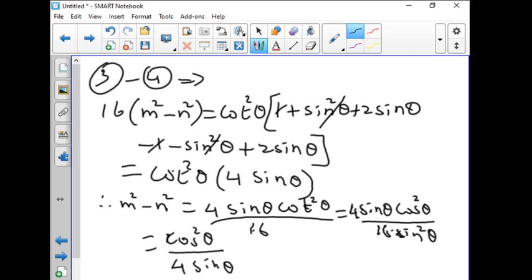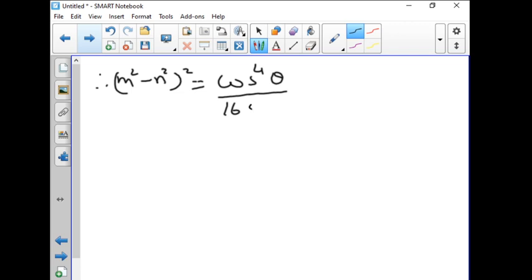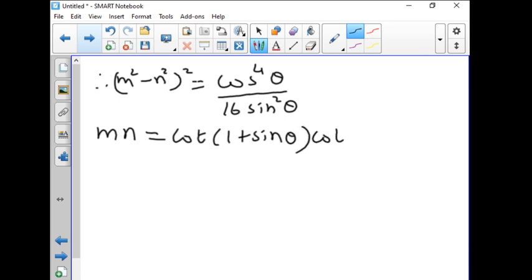Now we have to prove that m square minus n square the whole square. Therefore, m square minus n square the whole square is equal to cos power 4 theta by 16 sine square theta. Now we have to take the right hand side, mn. So mn is cot theta into (1 plus sine theta) into cot theta into (1 minus sine theta).